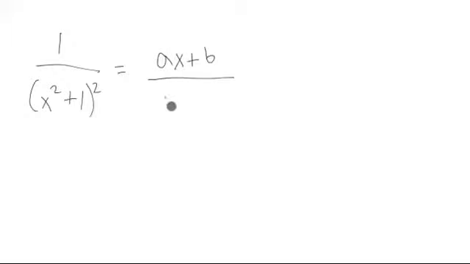Okay, so we have 1 over x squared plus 1 quantity squared, and that's equal to something like ax plus b over x squared plus 1 first, plus cx plus d all over x squared plus 1 quantity squared.